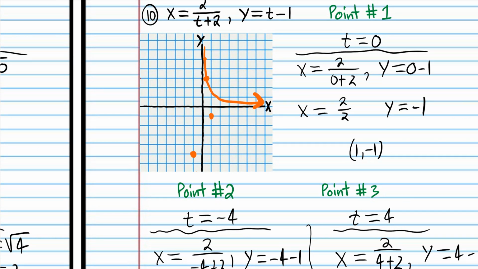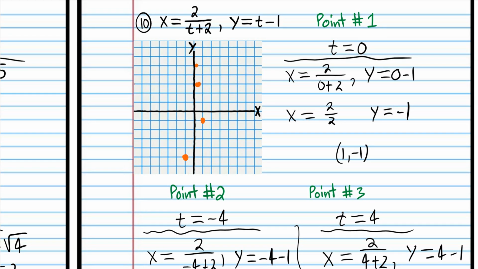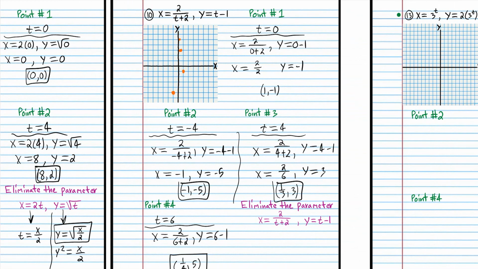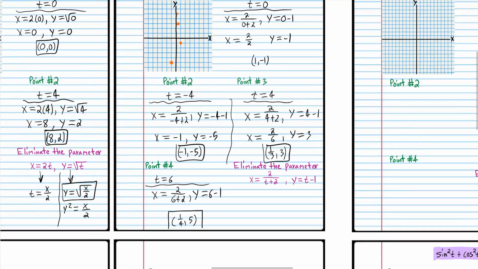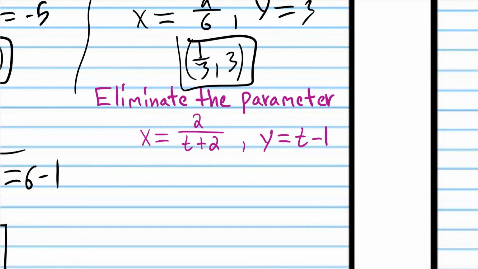So our graph, I didn't draw that right. Our graph is actually going to look something like this, but it's hard to know exactly what it looks like. So it would be helpful if we could eliminate the parameter to see what type of graph it is using the equation.